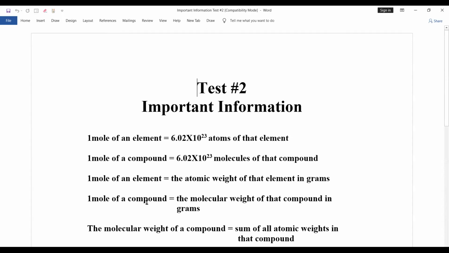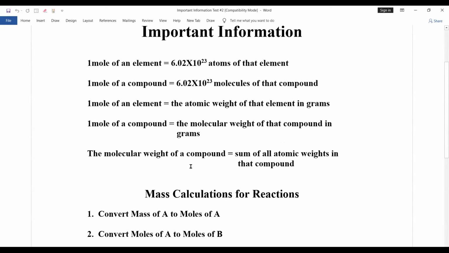And 1 mole of a compound equals the molecular weight of that compound. And being the nice guy I am, the molecular weight of a compound is the sum of all atomic weights. In the past, students had to memorize all this. I'm going to give it to you. Thank you, Dr. White. You're welcome.